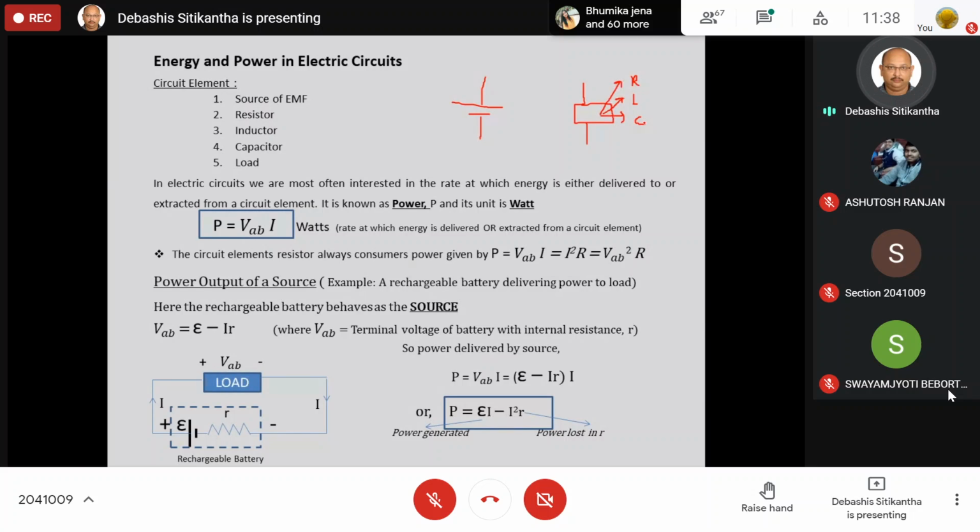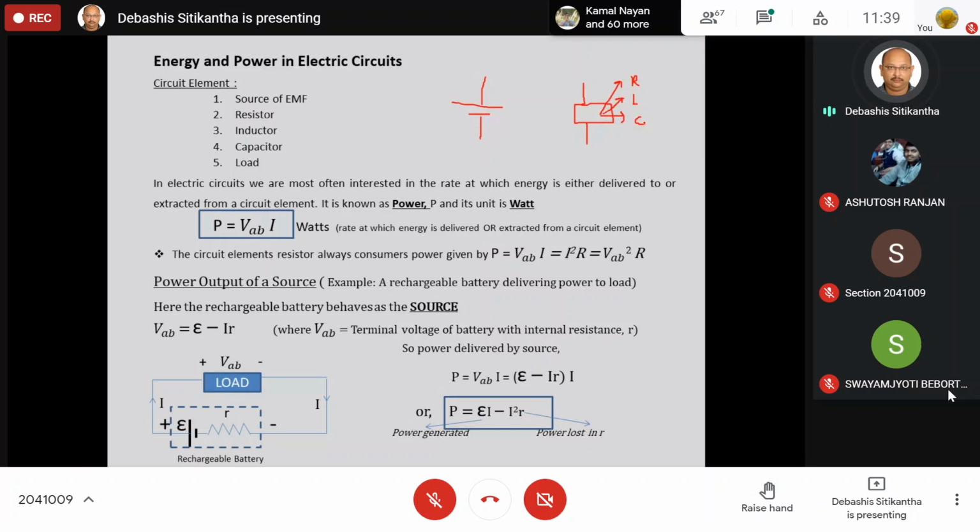So there are multiple ways you can connect these circuit elements, but all of them are categorized under your load. So in one sentence, your circuit elements are of two types. One is the source, the other one is the load. And please note that your conductors are not circuit elements. They are simply connectors of these circuit elements.